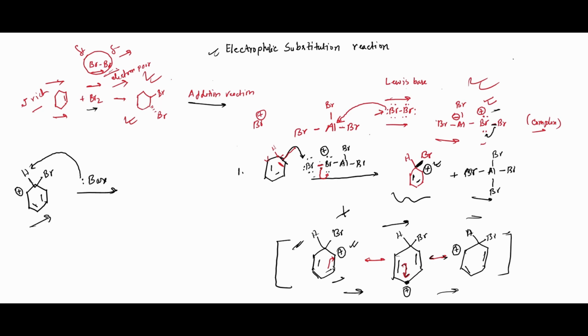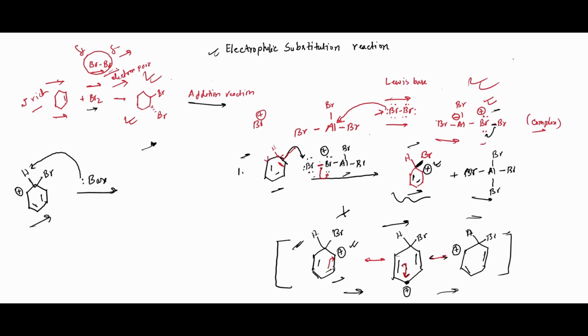I told you before that benzene does not want to react with this bromine molecule because it will then lose the aromaticity, and it does not want that because it has stability when it is aromatic. But in the first step, when the benzene ring attacks this complex, it actually loses the aromaticity.